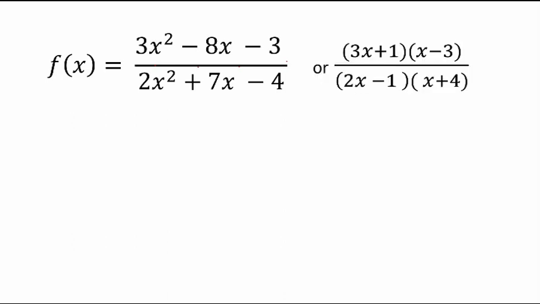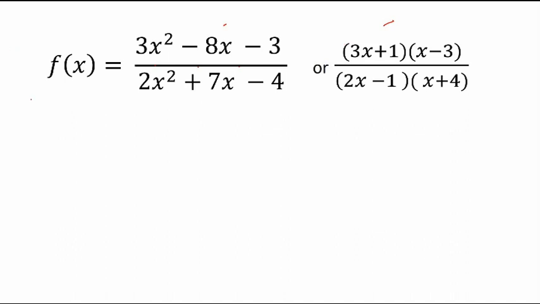So, kagaya nito, ang factor nito is 3x plus 1 times x minus 3 over 2x minus 1 times x plus 4. So, pinactor out natin siya kasi itong dalawang to ang gagamitin natin to find the intercepts, the vertical and horizontal asymptote.